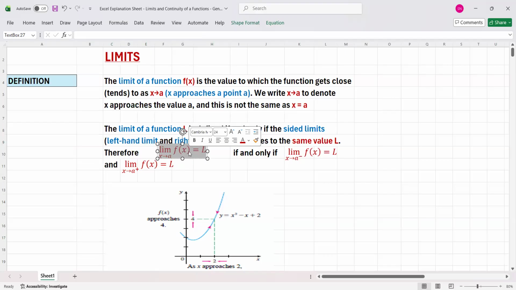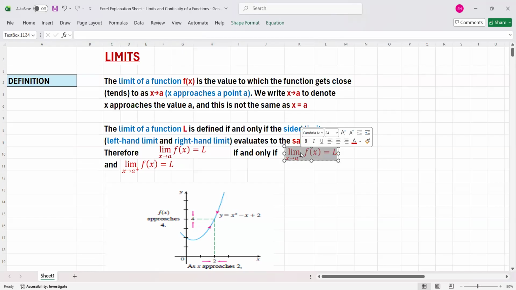The answer is 100. Then we must verify that when we approach the limit at a from the left-hand side, when we say left-hand side, that is, if a is like 2, from let's say 1.5 to 2. That is the left-hand side of 2.